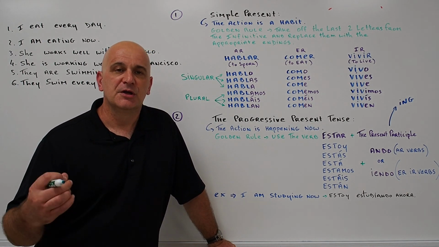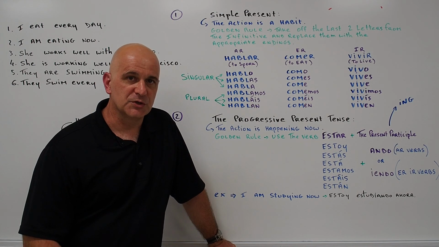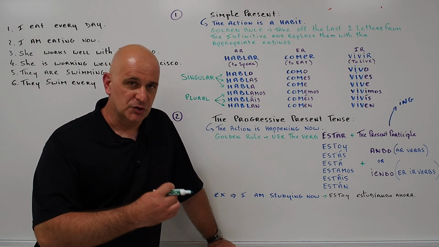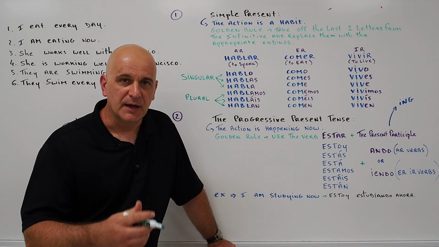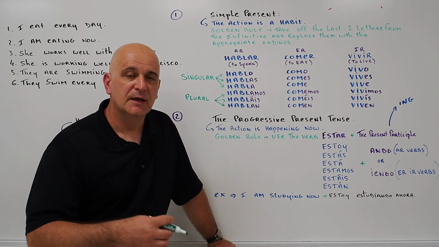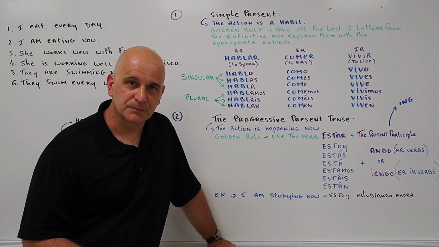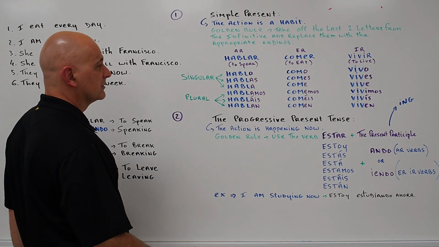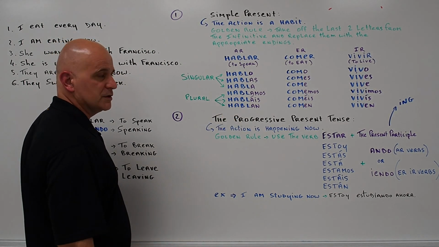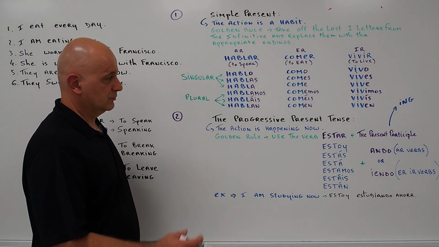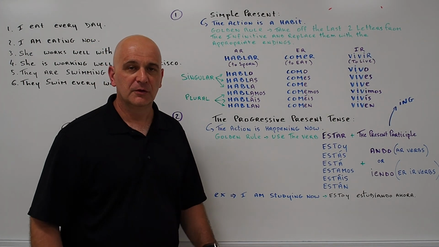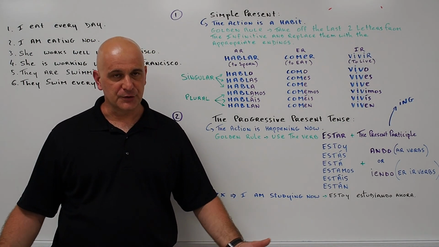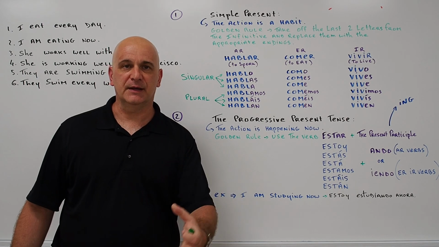Third singular, he or she, which will translate in Spanish as yo for I, tú with the accent on the U for you, él with the accent on the E for he, ella for she. Then the plural: first plural, we, nosotros. The second plural is you all, vosotros. And the third, ellos, ellas.